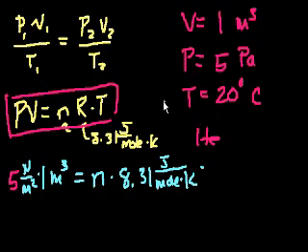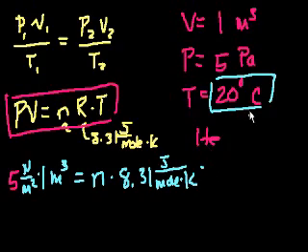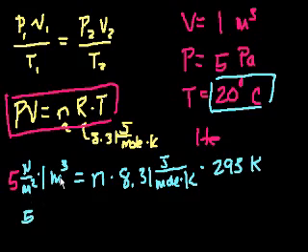And remember, I can't repeat this enough, always convert the temperature to Kelvin. So whatever our Celsius temperature is, add 273, and you get 293 Kelvin. So I get 5 times 1, and meter squared, meters cubed, this cancels out and just becomes a meter. Newton meters, joules. 5 joules is equal to N moles times 8.31 joules per mole Kelvin.